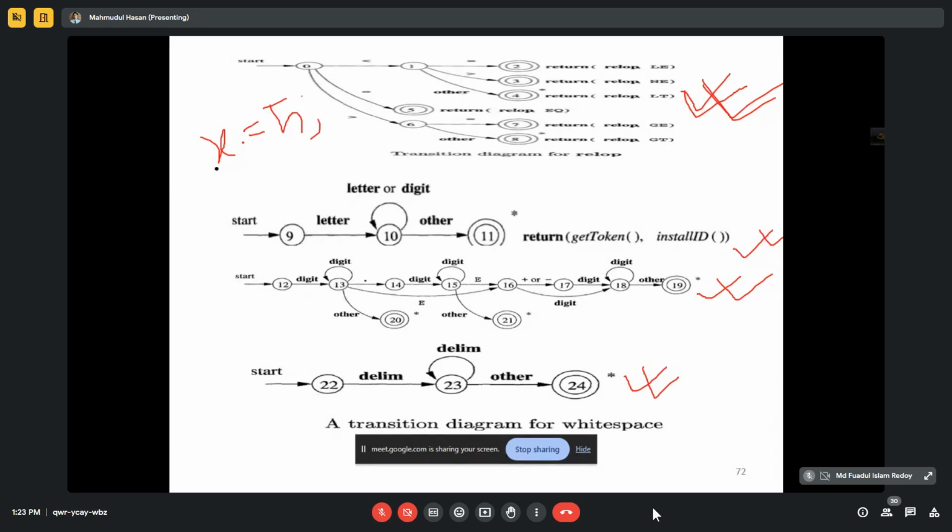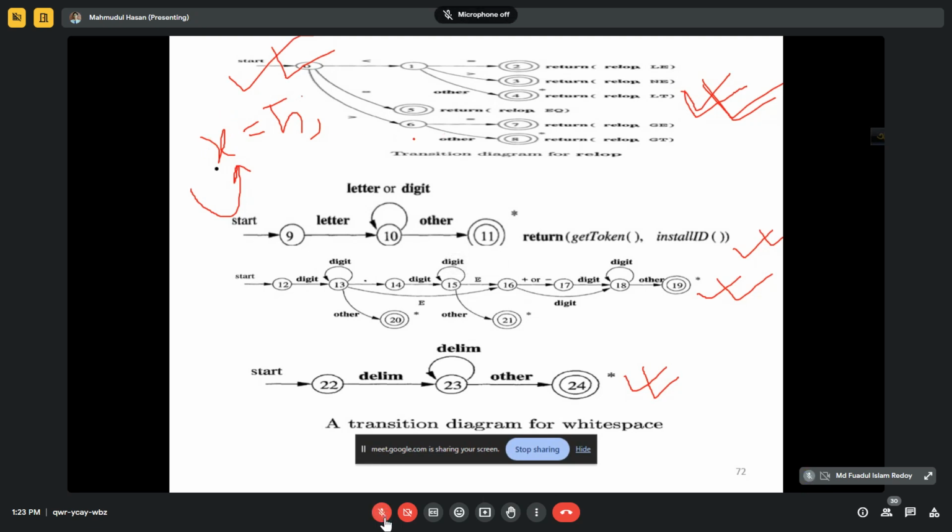So when your lexical analyzer scans this one, suppose x, it tries to match whether this transition diagram is able to accept this one. Is it possible at first?